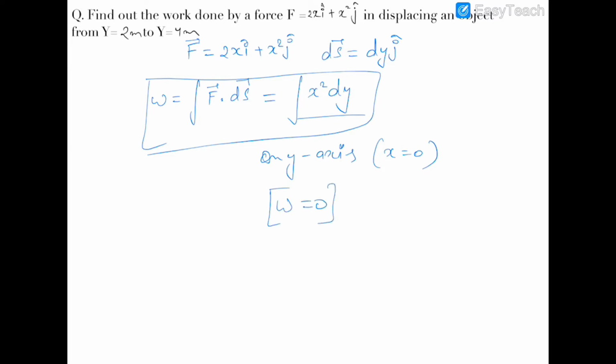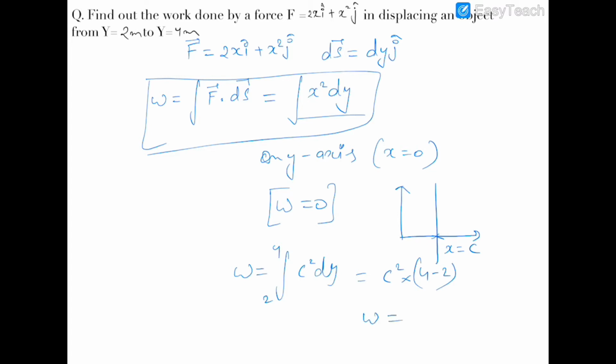But on some other line, let's suppose we are moving on x is equal to c, so work done will be equal to integration of c square dy, limit from 2 to 4, and this will be c square into (4 minus 2). So this work done will be 2c square.